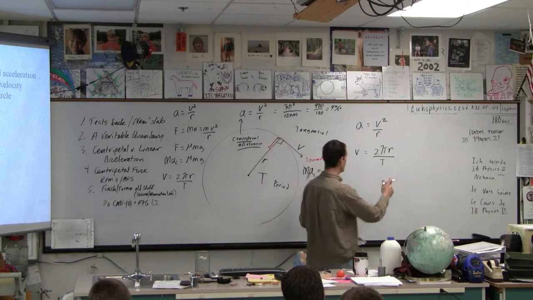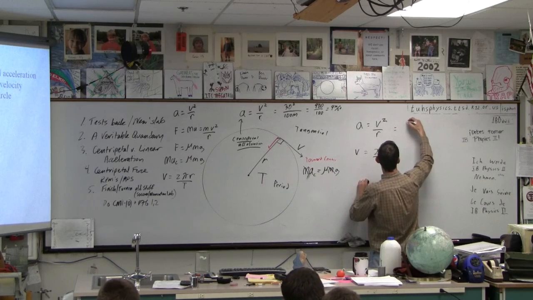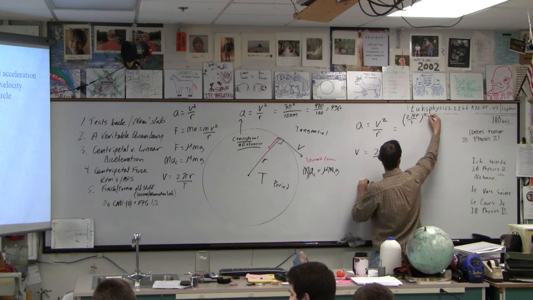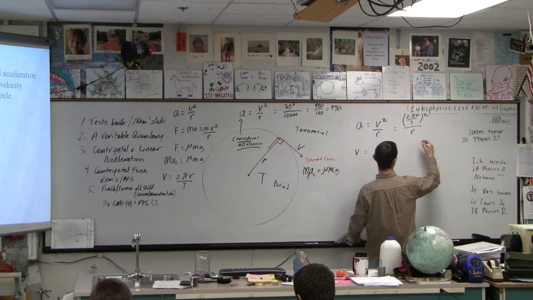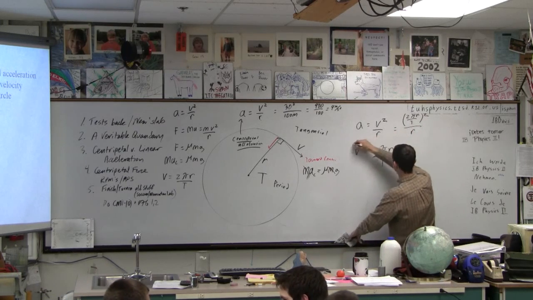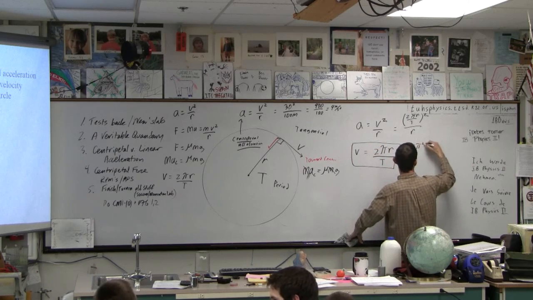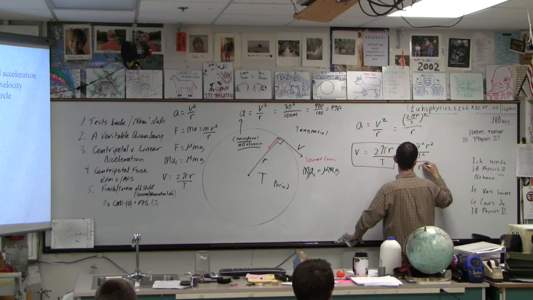Right now, I'm just going to plug that into this perfectly good equation and make a terrible mess. So I'm going to go (2 pi r over T) squared, divided by r. That's not going to be pretty, is it? So then we get 4 pi squared r squared divided by T squared, divided by r.